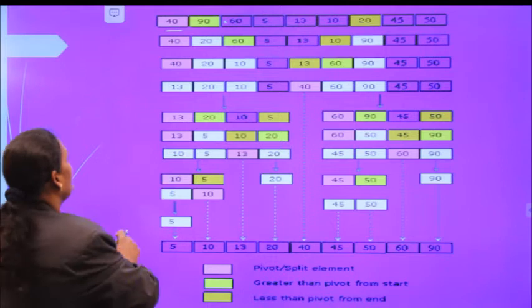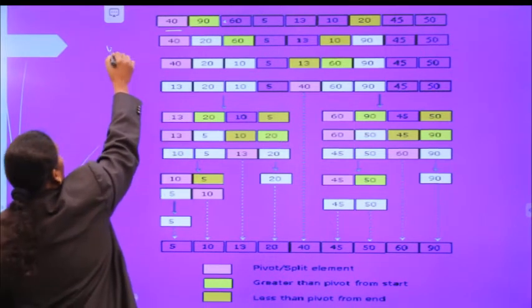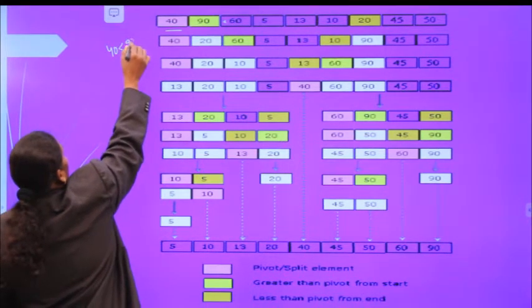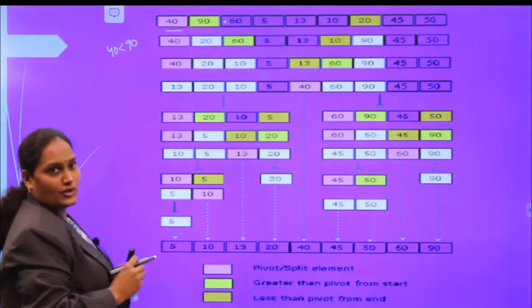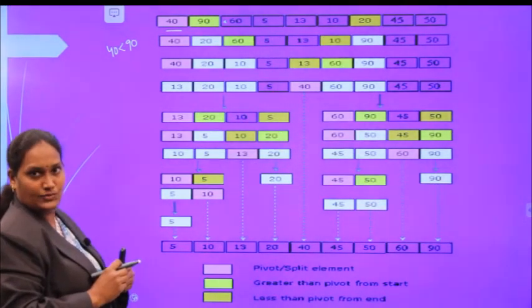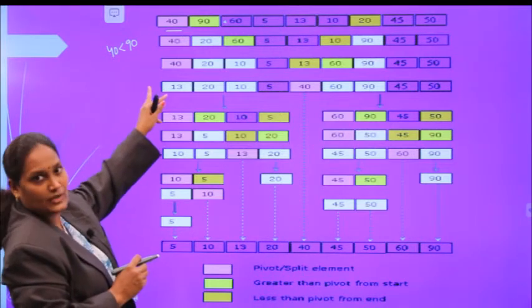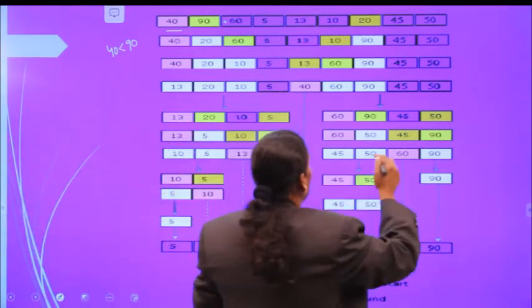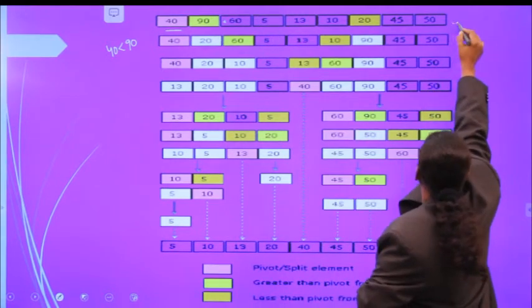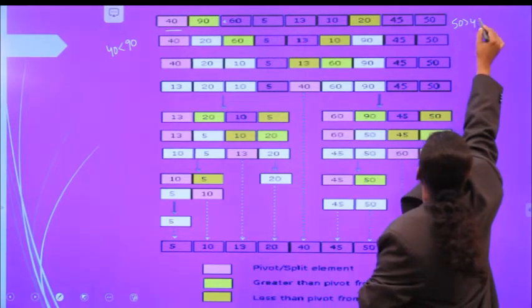Let us observe. Here if you compare 40 and 90, 90 is greater than 40. So I found the first greater element than 40.